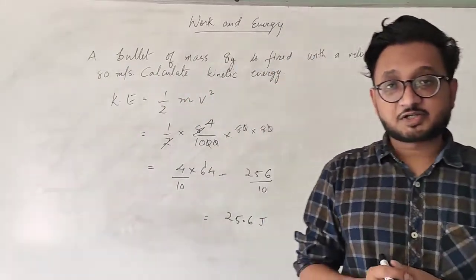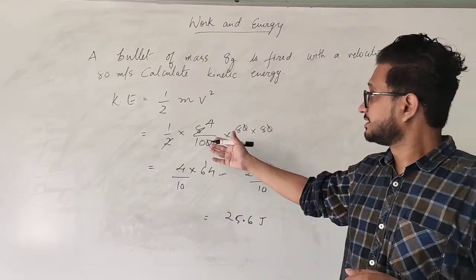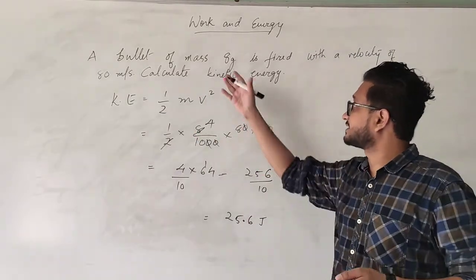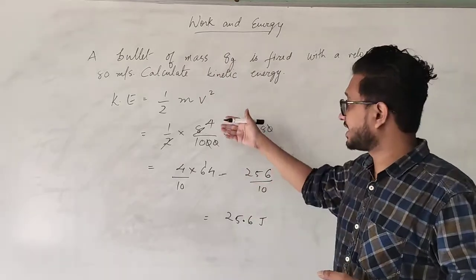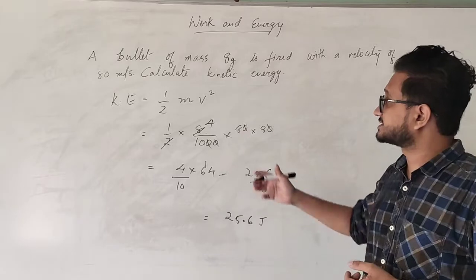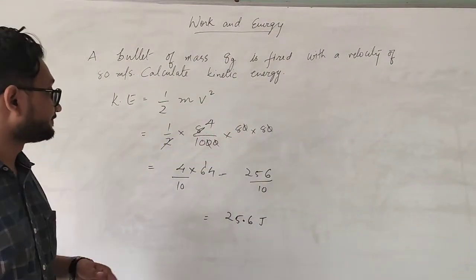I hope it is clear to you, students. Simple, very simple. Just place the value of the quantities given, that is mass 8 grams, dividing it by 1000, that is converting it into kilograms, and substituting the value of velocity, that is 80 into 80.